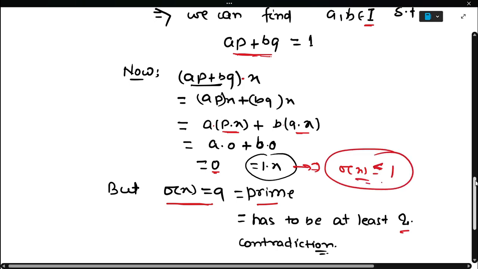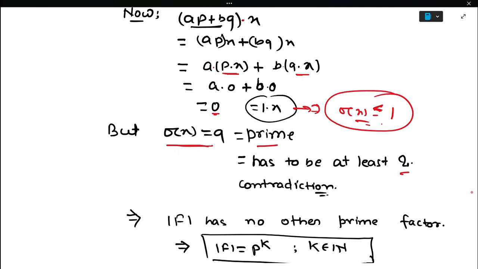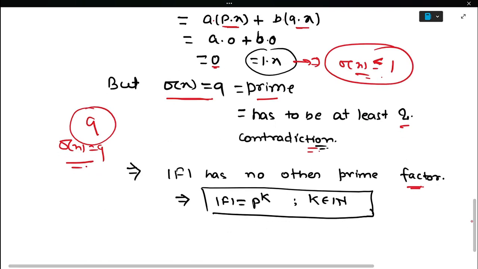This is not possible because we assumed q is prime and the order of x equals q. This is a contradiction. So the cardinality of F has no other prime factor. This means the cardinality of the field is p to the power k, where k belongs to the natural numbers.